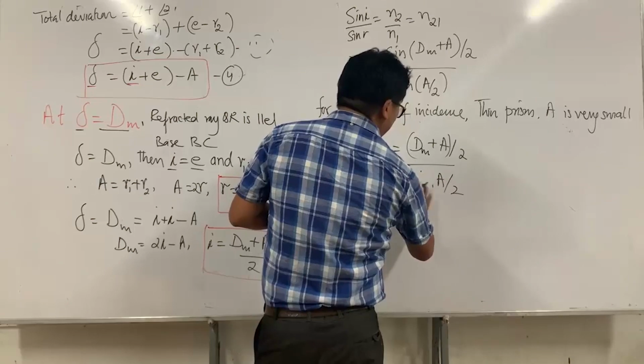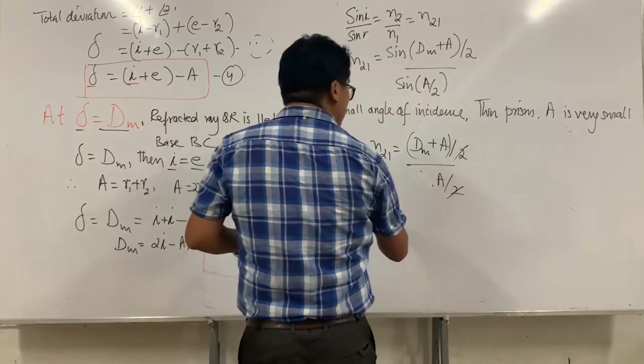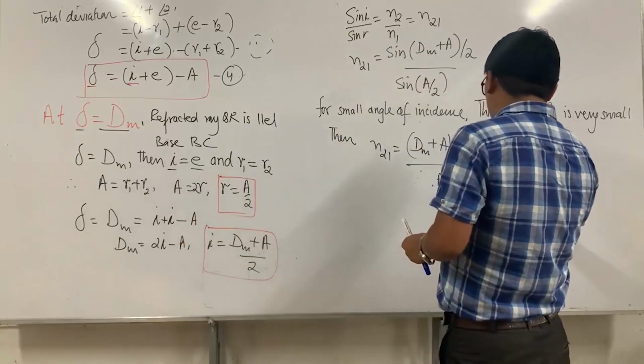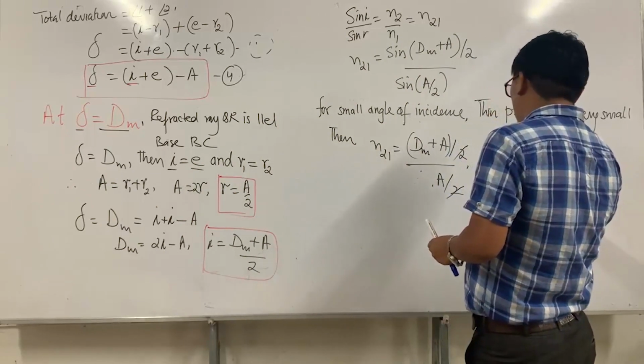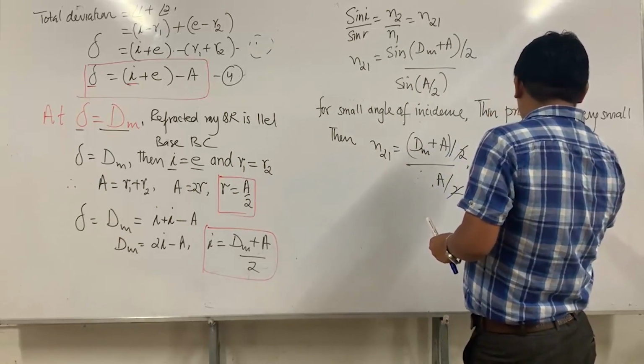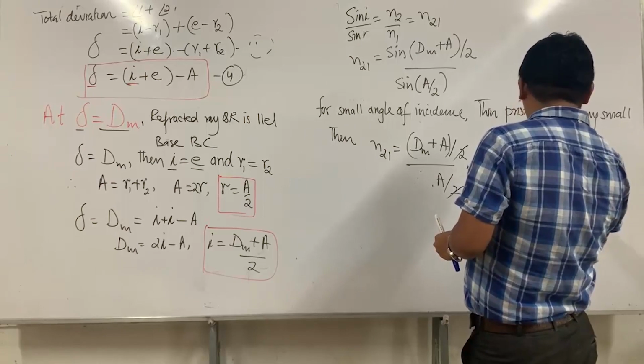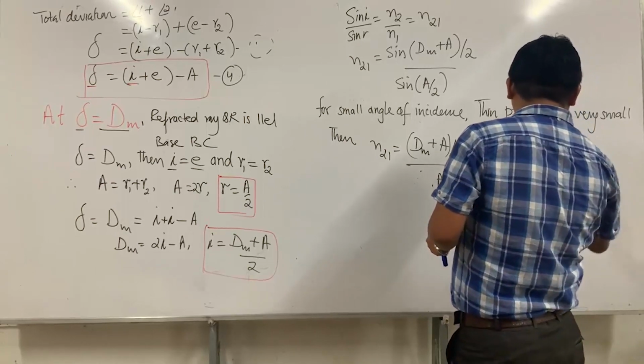These two cancel out. We will get N21 is equal to Dm divided by A plus 1.